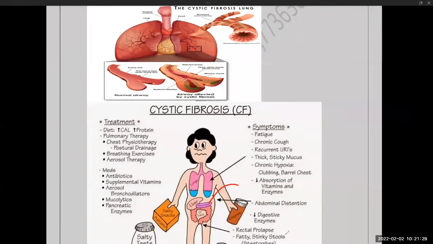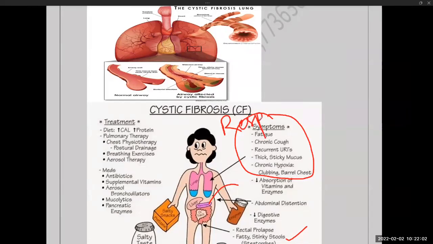Okay, and the fat will be excreted through the stool because the fat is not normally getting absorbed, so it causes steatorrhea, or a fatty and stinky stool. Fine. So these are the signs of cystic fibrosis. All the first symptoms up to this are signs related to the respiratory system. Okay, this is the sign which is related with the respiratory system.